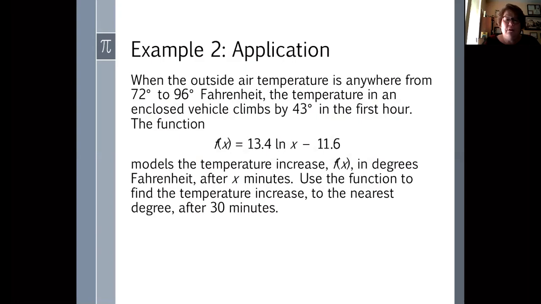Use the function to find the temperature increase to the nearest degree after 30 minutes. So you're wanting to evaluate this function at 30. X is the number of minutes. F of x will be the temperature increase.